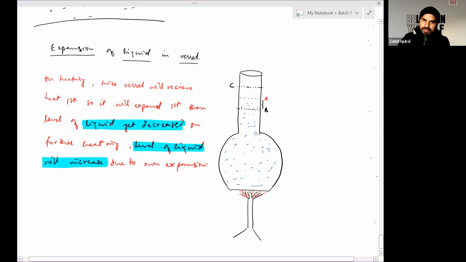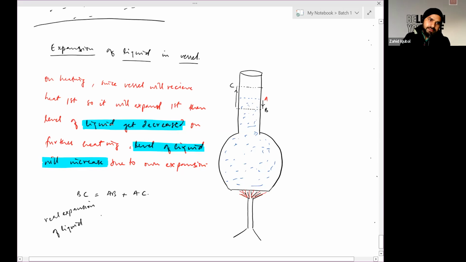So from A to B will be expansion of the vessel, and then from B to C will be expansion of the liquid in real. So you will say B to C will be equal to A to C minus A to B. B to C is the real expansion of liquid.